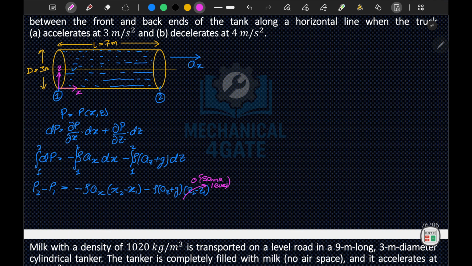If this term becomes 0, I can write p1 minus p2 is equal to rho Ax times of x2 minus x1.